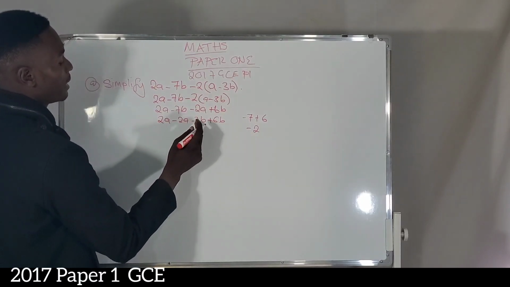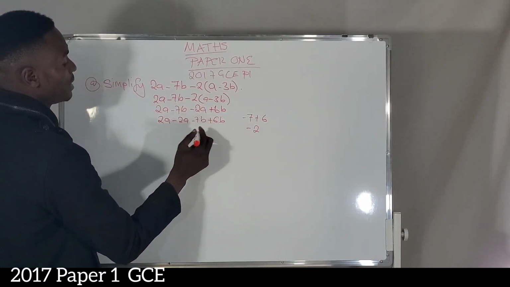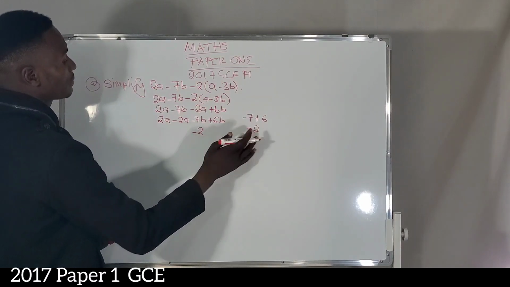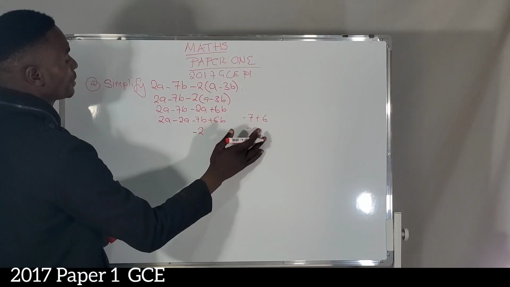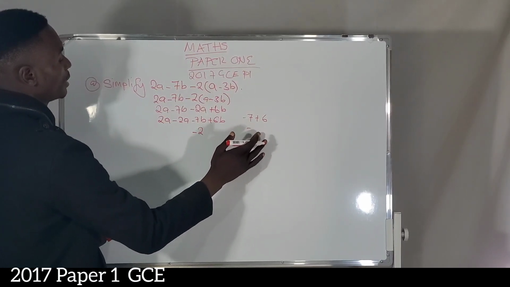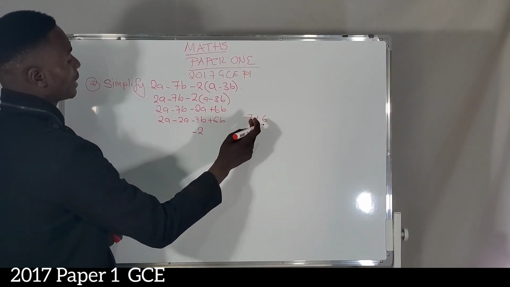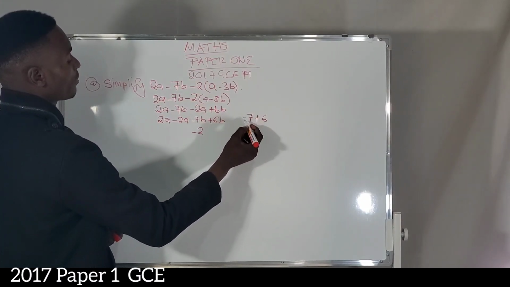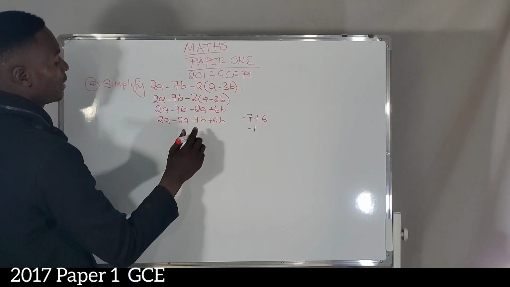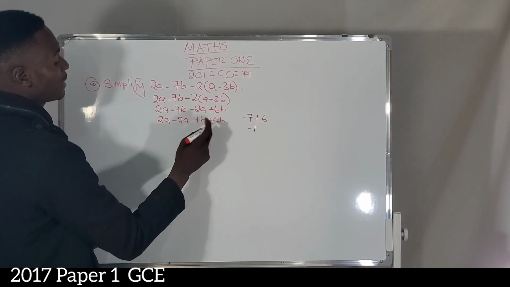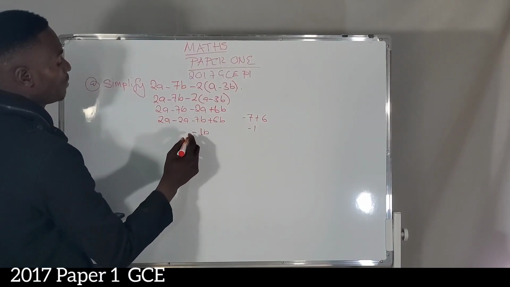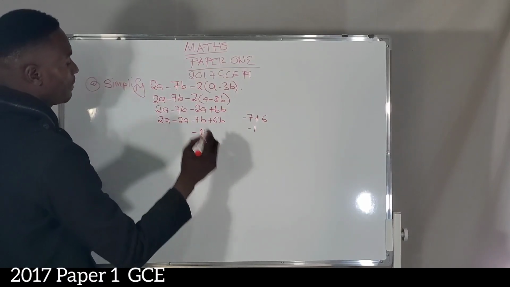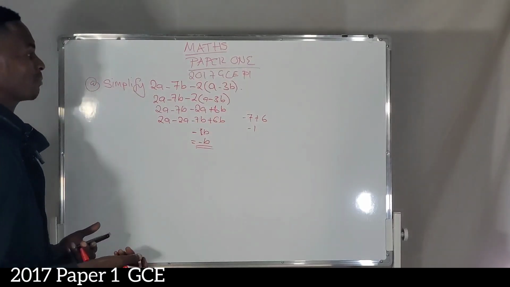So here, -7b plus 6b will be -1. Then the common letter here is b, but you can't write 1b. You just write -b. Okay, as simple as this.